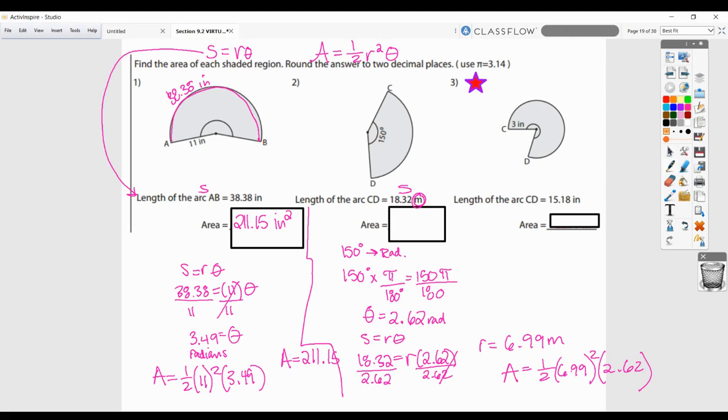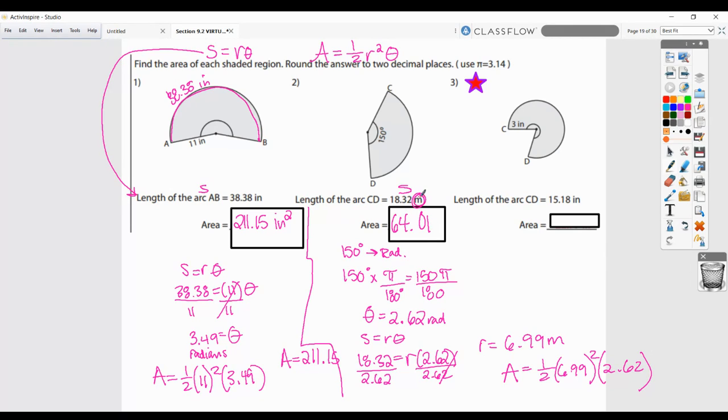So here's how we type it in. Do your squaring first: 6.99 to the second power. Enter. Times 0.5, which is that 1/2 there, times 2.62, which was theta. You're rounding to 2 decimal places.